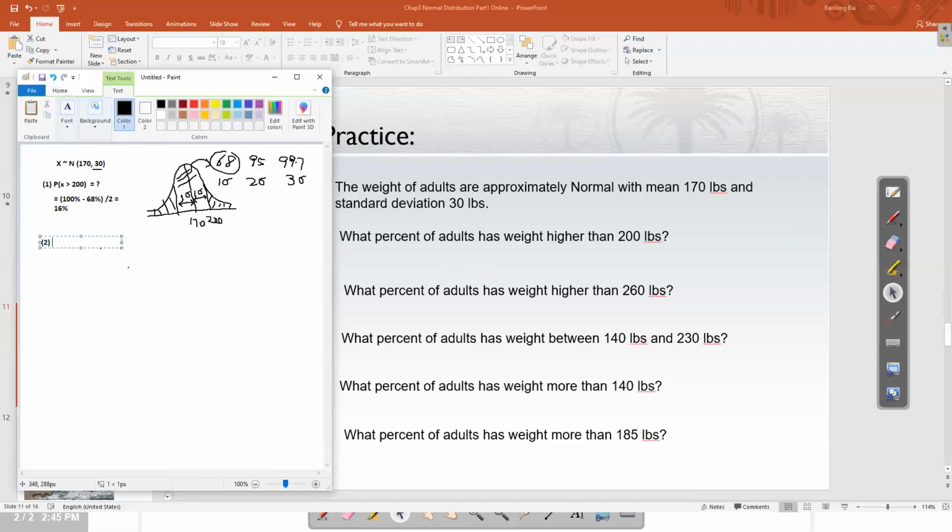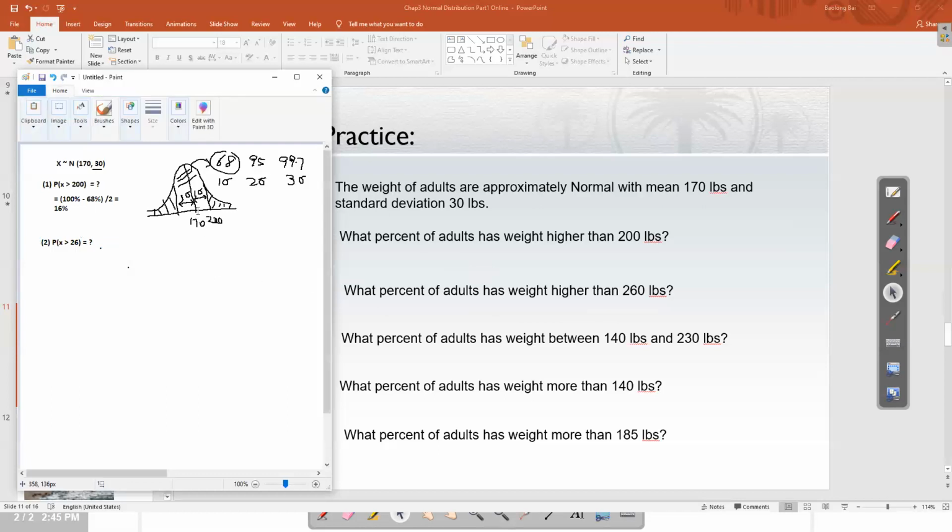Part 2. What percent of adults has weight higher than 260 pounds? So we're looking for the probability of X greater than 260, right? It's exactly the same process as what we did here.